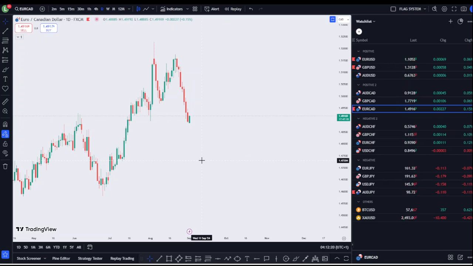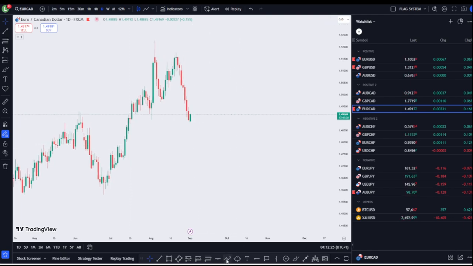On the daily time frame, as you all know, we have to establish the structure of the market to know who is dominating the market, whether the buyers or the sellers, which is very, very important.